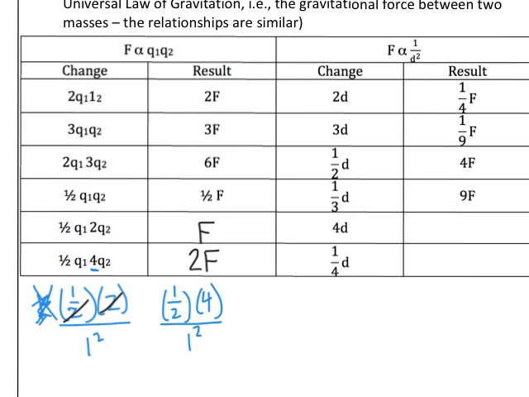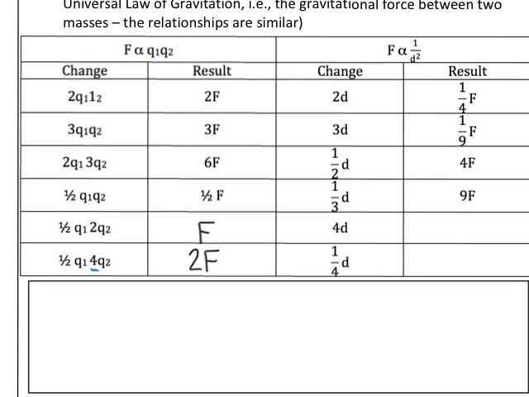Now let's look at this distance relationship. So remember that the force and the distance are inversely squared related. So the force is inversely related to 1 over the distance squared. So in this case, to show us how we got 1/4, that's the example problem we did in number 2. So let's skip to this one.